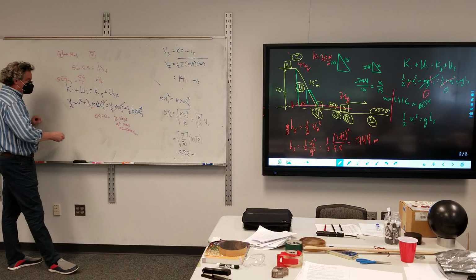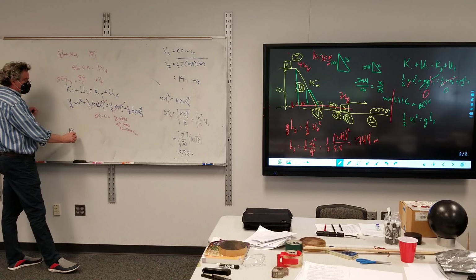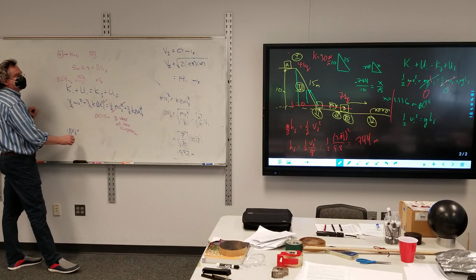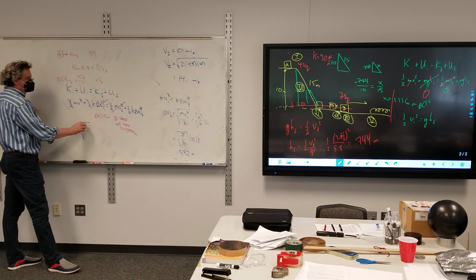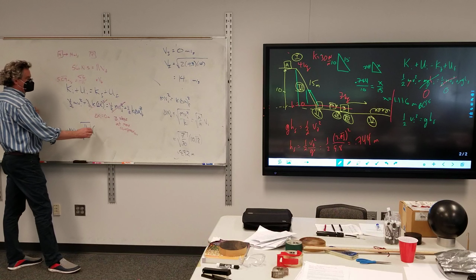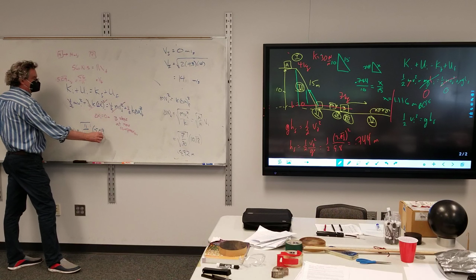We can just change the numbers, use the same equation. So the spring will now compress the square root of 11/30 times 5.09.